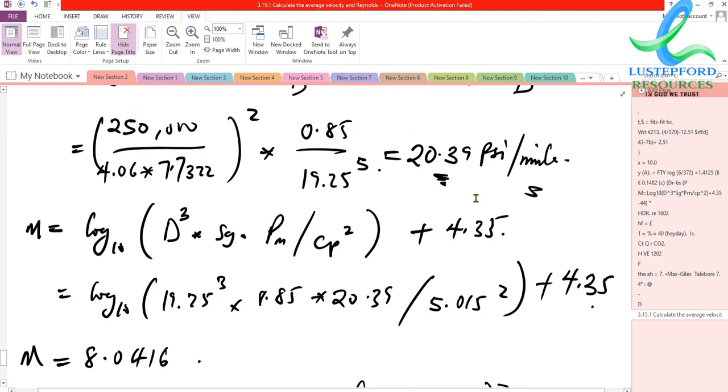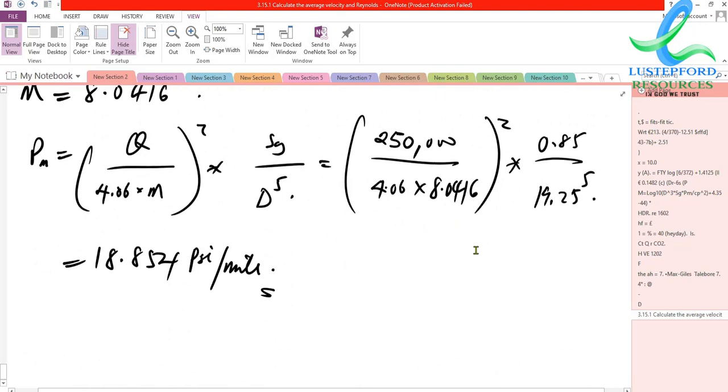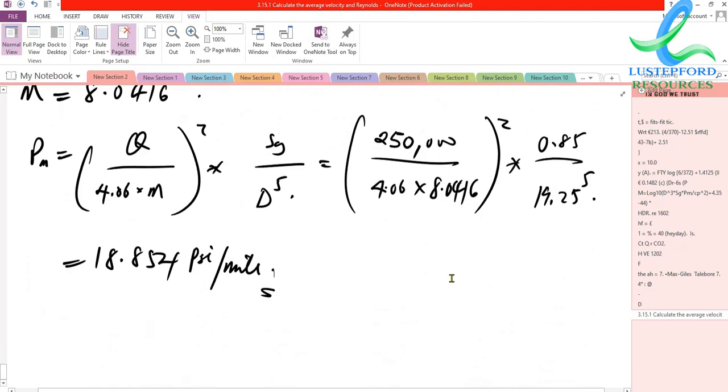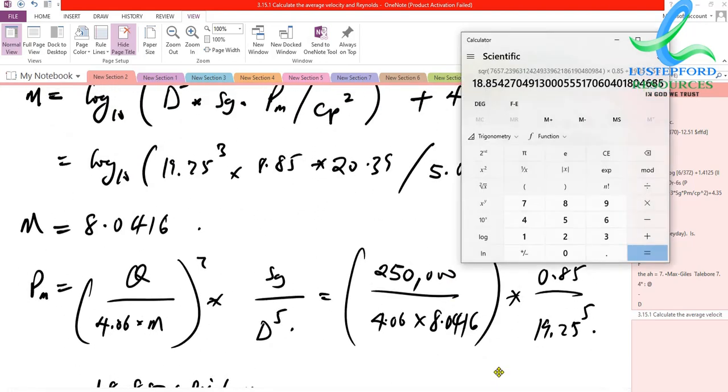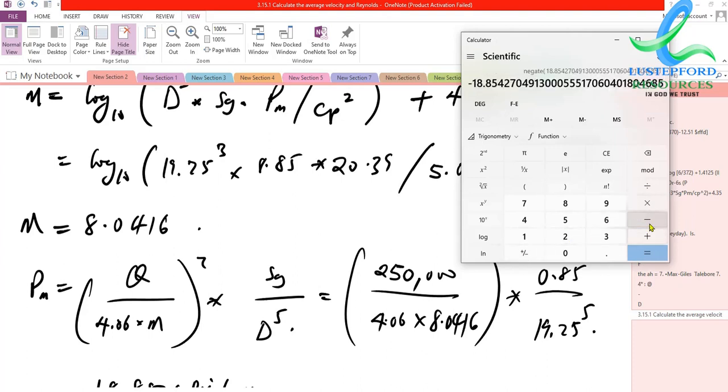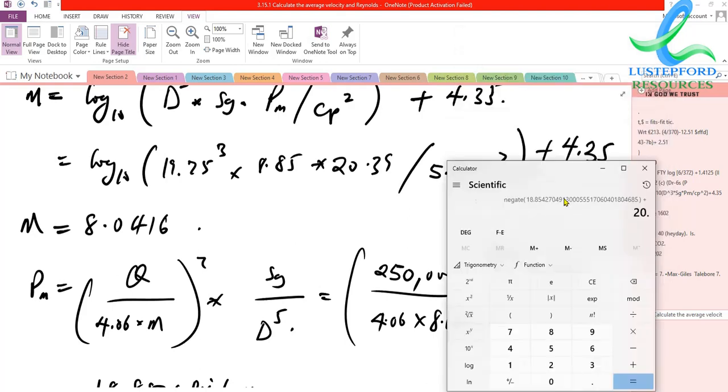I will do it till I get to a point where the difference should be 0.1. Now if you subtract this from this, let me copy this value. Then negative plus 20.39.